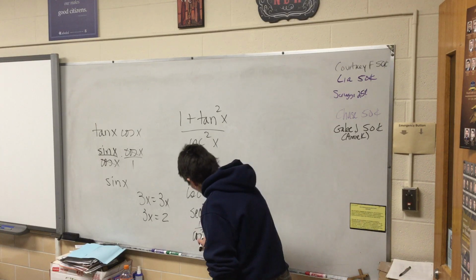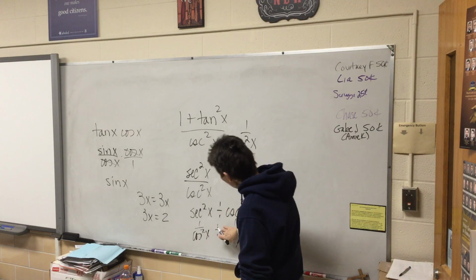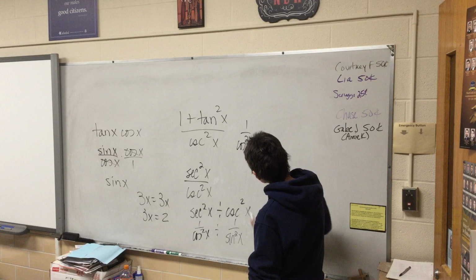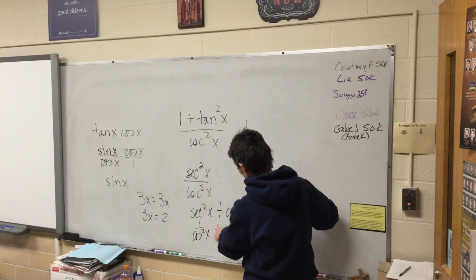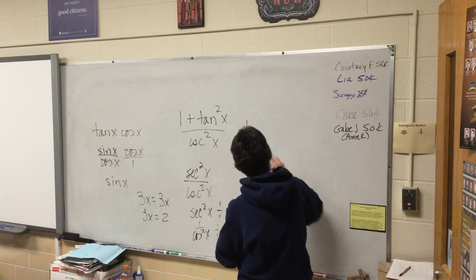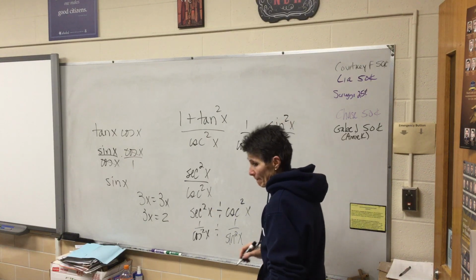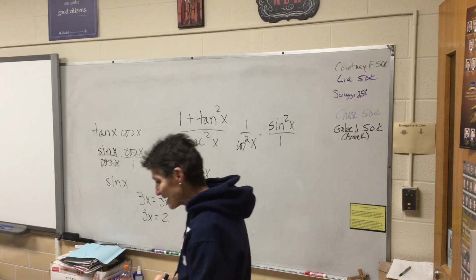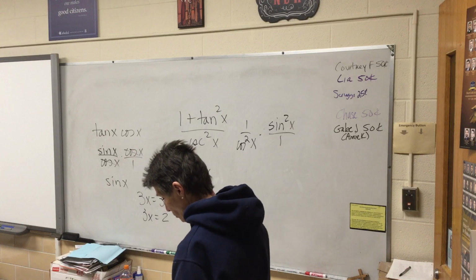So now I got a fraction divided by another fraction. So instead of making that a divided by, I'm going to say 1 over cosine squared times sine squared over 1. Because that's how I divide fractions, right? I multiply by the reciprocal.